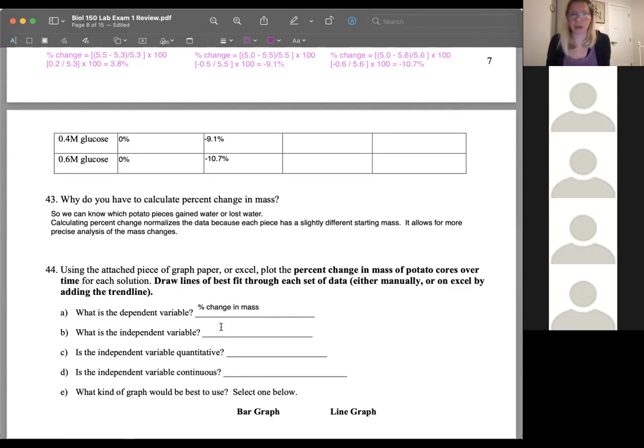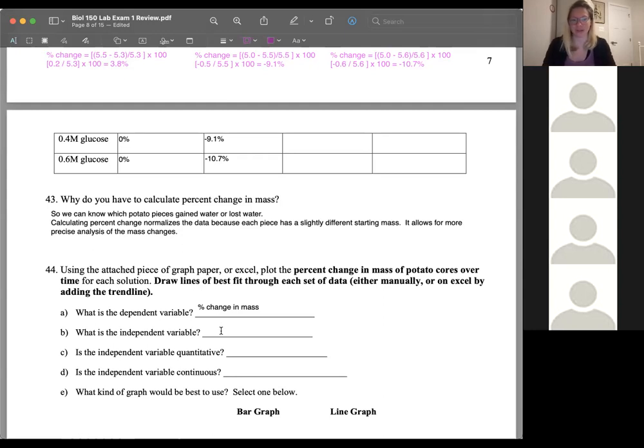Right, and then independent? Time. Not exactly time. Obviously we're measuring the change in mass over time, but what other parameter here are we manipulating? Solution.